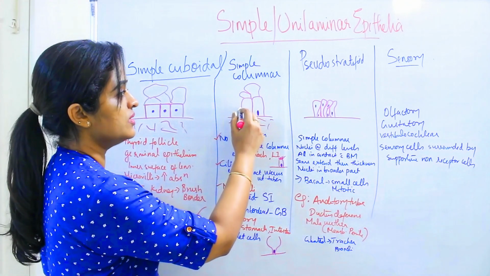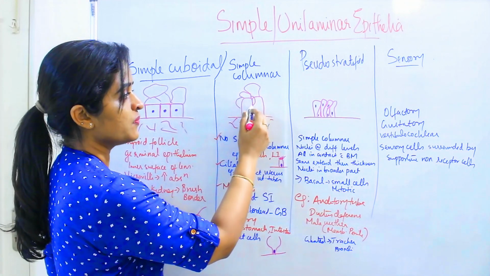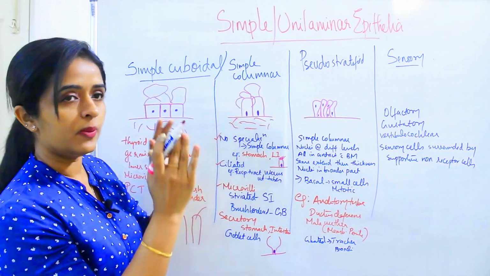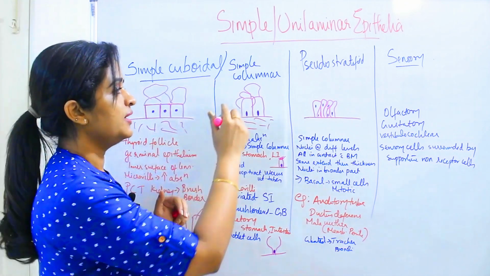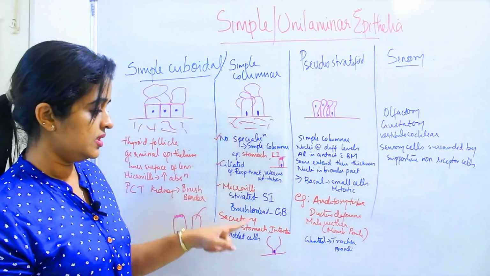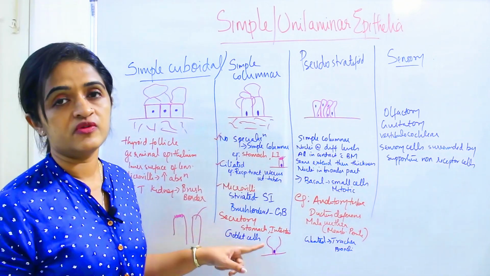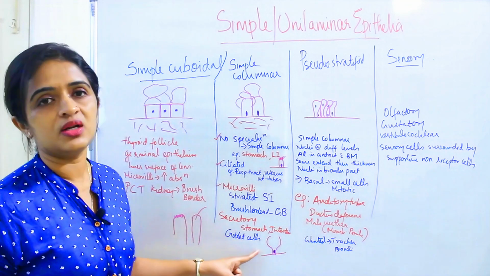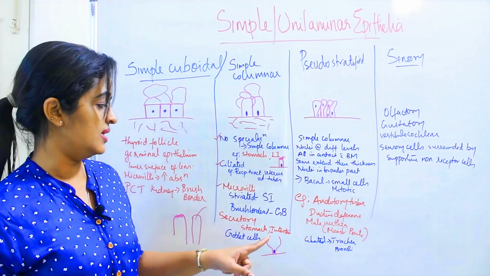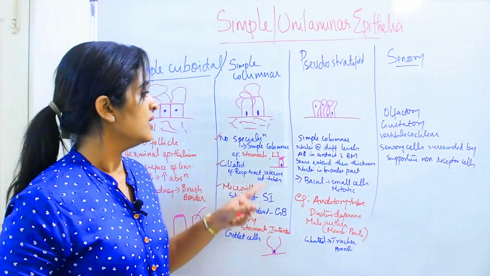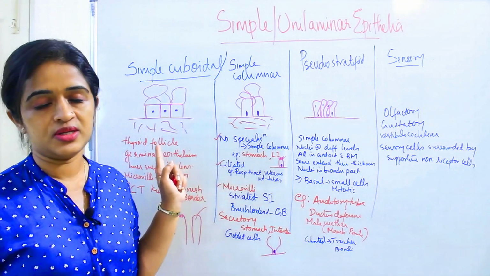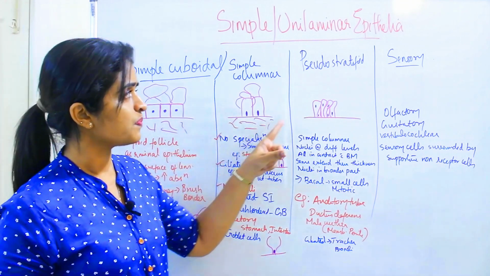So this part will bulge in order to accumulate the secretion, whereas the lower part will be narrow. Ultimately the upper part will rupture and pour out the secretion. So this shape is in the form of a goblet, hence these cells are known as goblet cells. These are secretory cells which you get in the stomach and intestine. So these are the cells with specialization, and cells without specialization you call simple columnar.